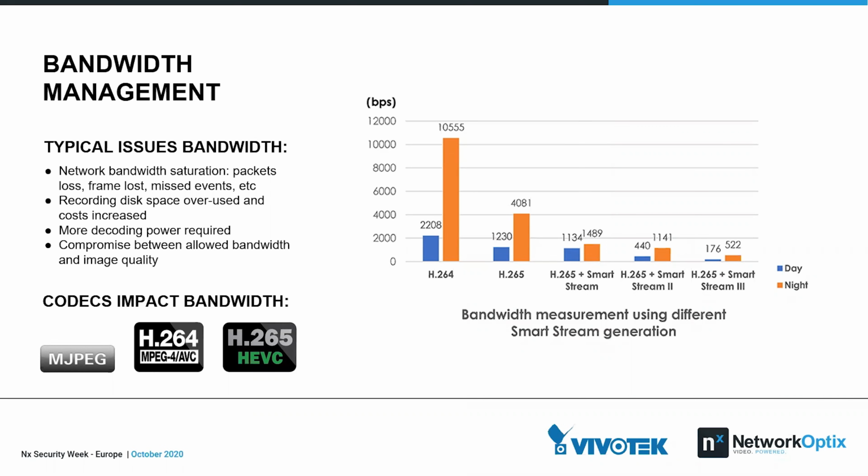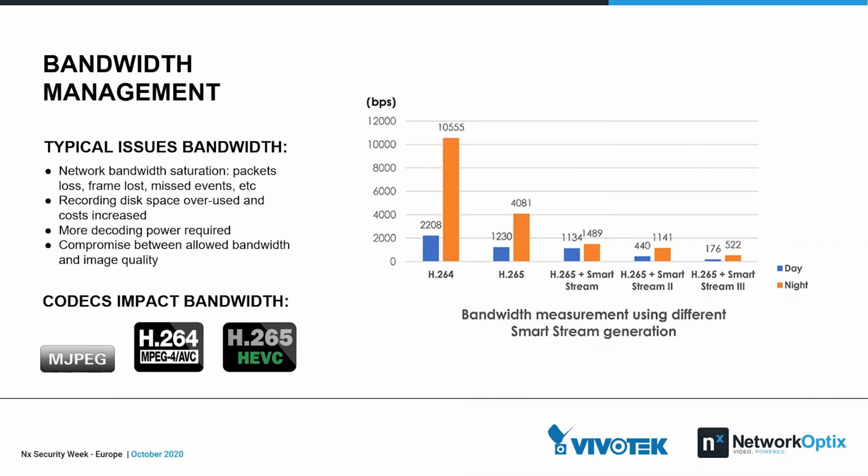The two other ones are the most used in the market, the H.264 and the H.265, which is the newest generation of this codec. They are going to provide a much more efficient bandwidth management. So they are going to compress even more.